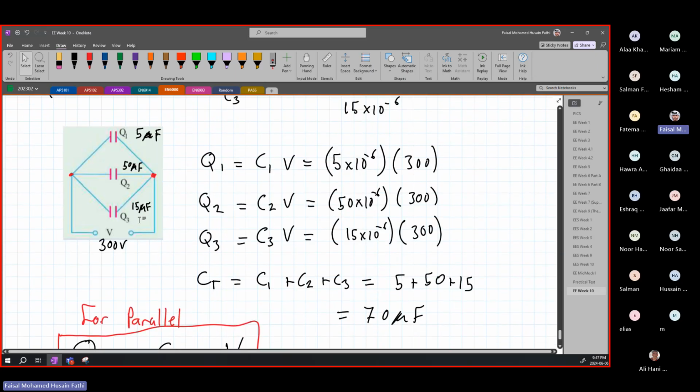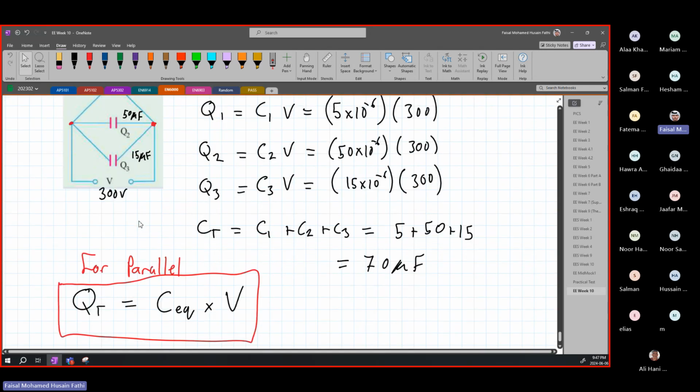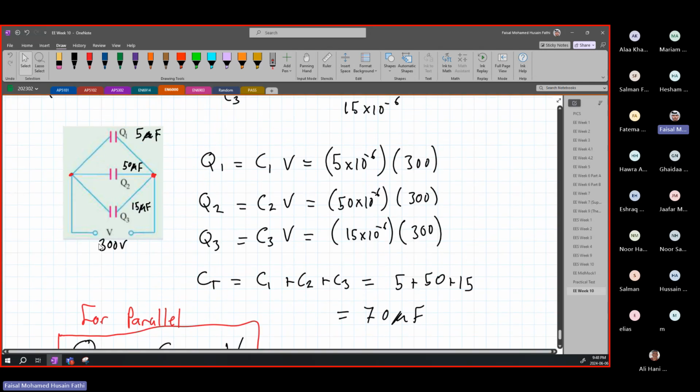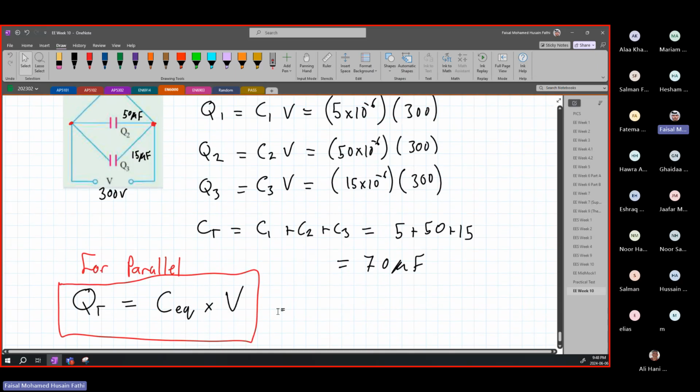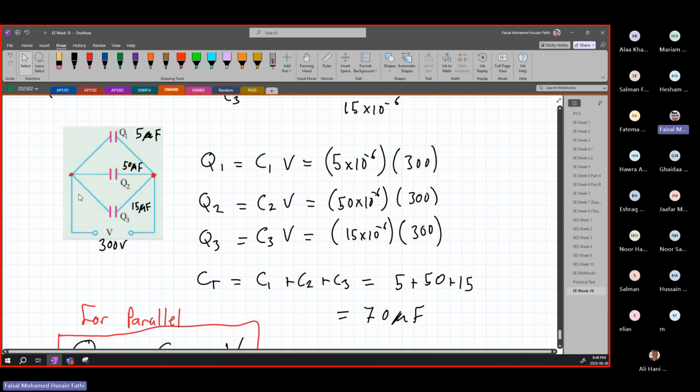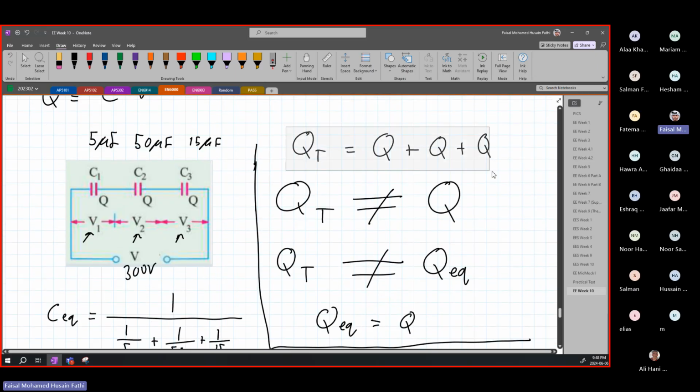Because here, our voltage is the same across all of them. In parallel, you do not use the equation Q total equals Q plus Q plus Q, because you'd have different values of Q over there. Clear?